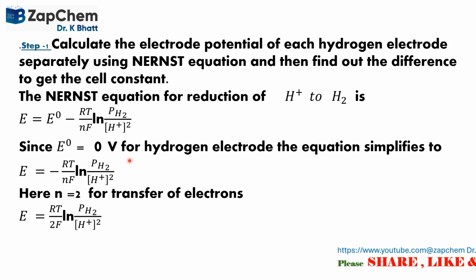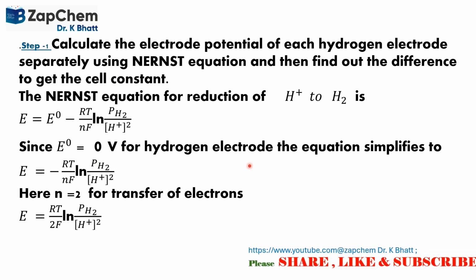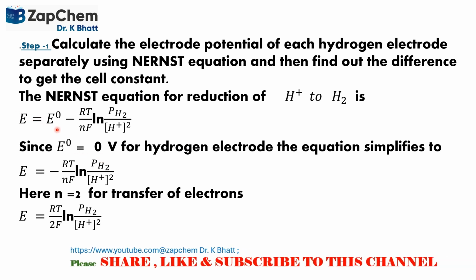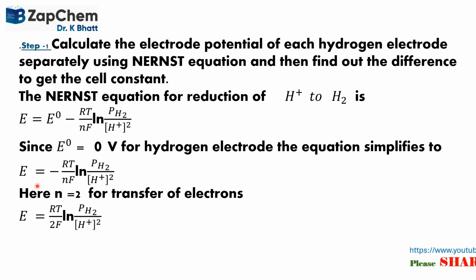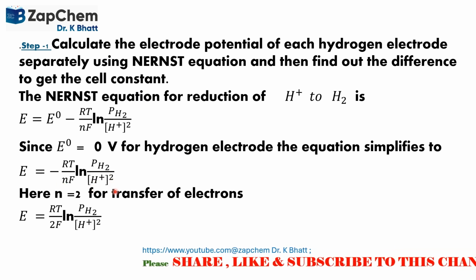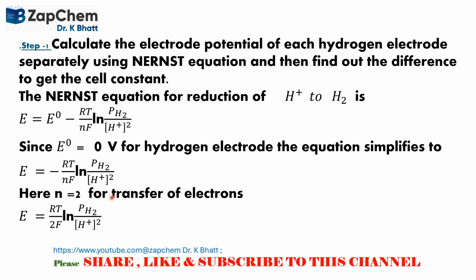Since E naught is 0 volts for the hydrogen electrode, the equation becomes very simple and we can ignore this E naught. And it is now E is equal to minus RT by nF ln PH2 upon H+ squared.